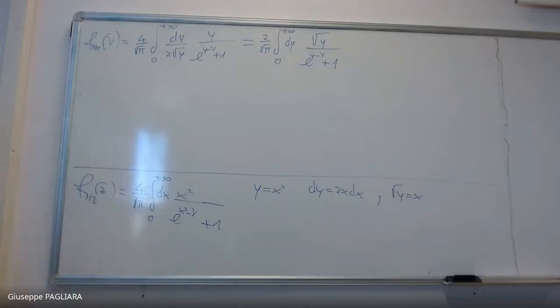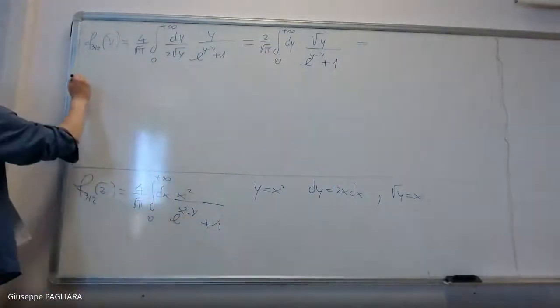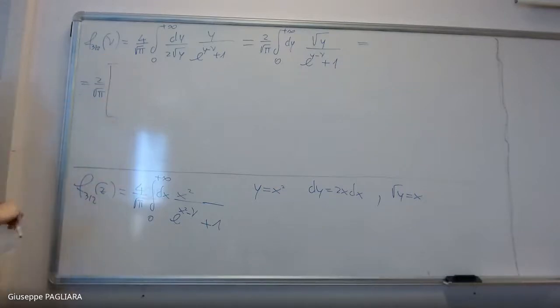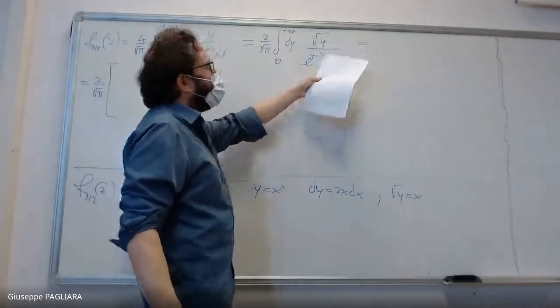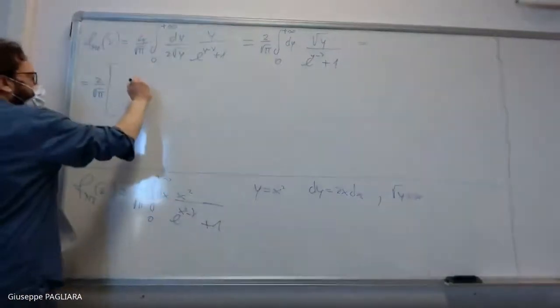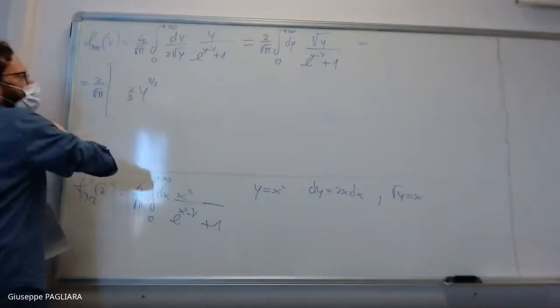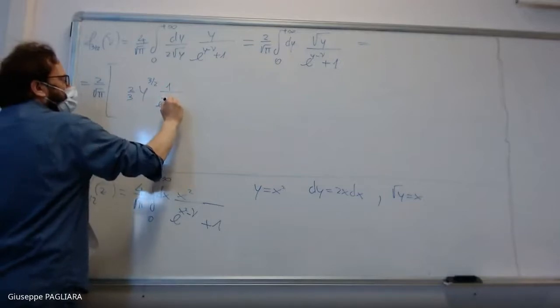Let me make an integration by parts of this quantity and get the following result. 2 over square root of pi. Then I integrate this term, y to the 1/2, which becomes y to the power of 3/2, times 2/3, over e to y minus nu plus 1.